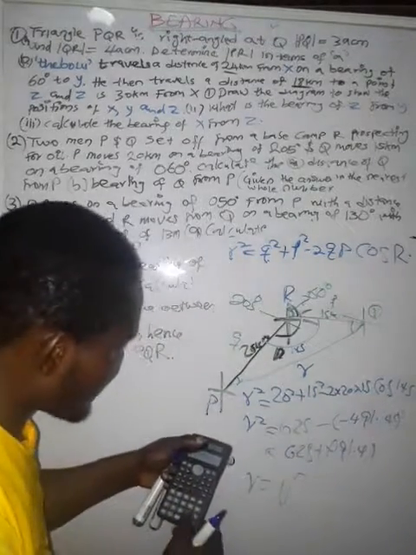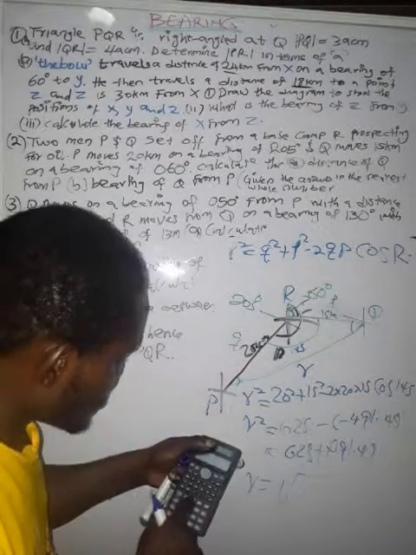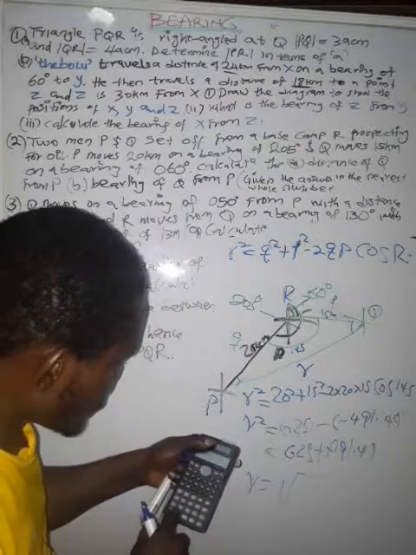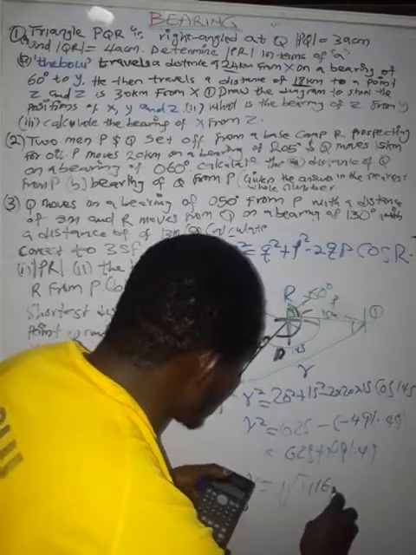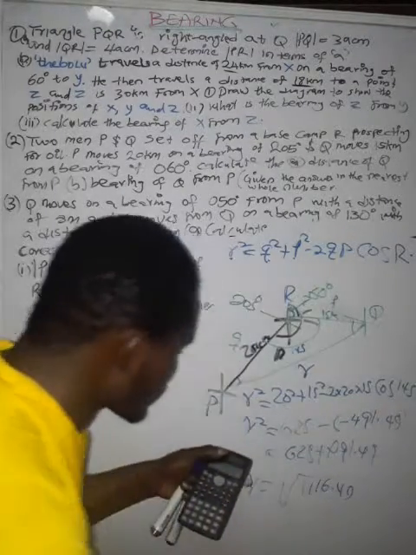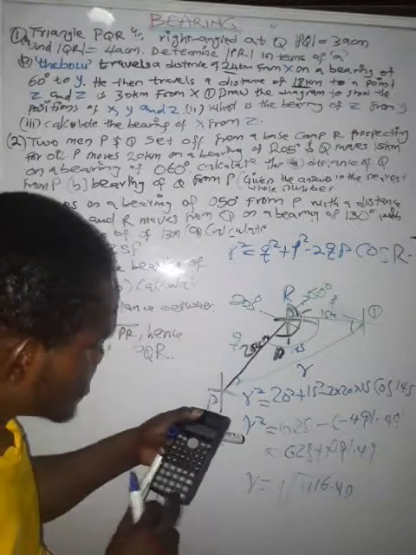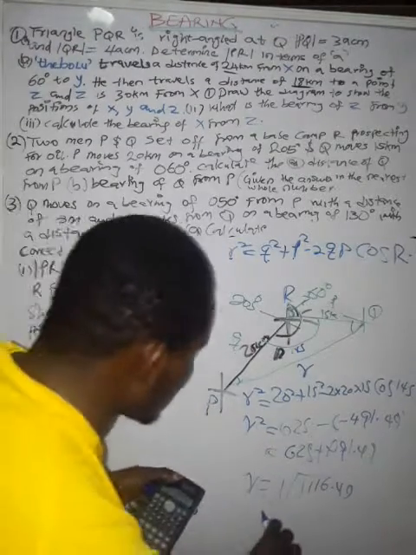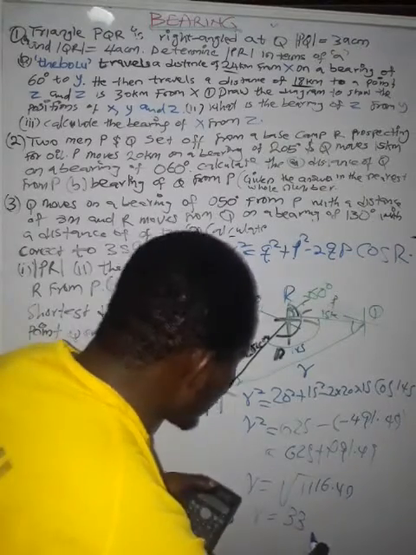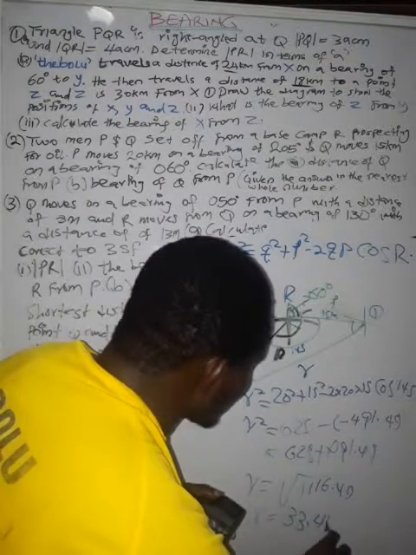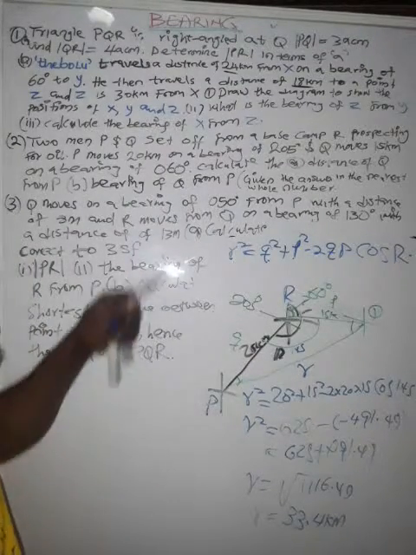So 625 plus 491.49 gives me 1116.49. So square root of the answer, I have 33. R equals 33.4 kilometer. Is there any condition?